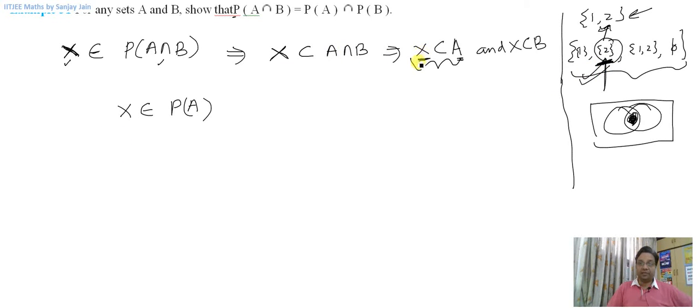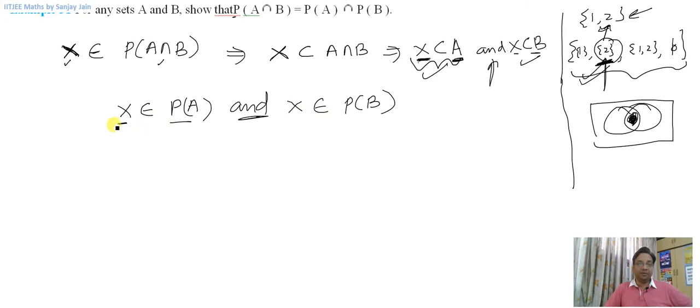So X being a subset of set A, it will belong to the power set of A. And you take care of this 'and', because these two conditions are true simultaneously. So we can also say that this X belongs to the power set of B also.